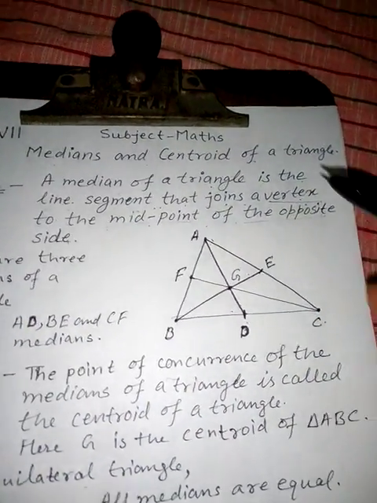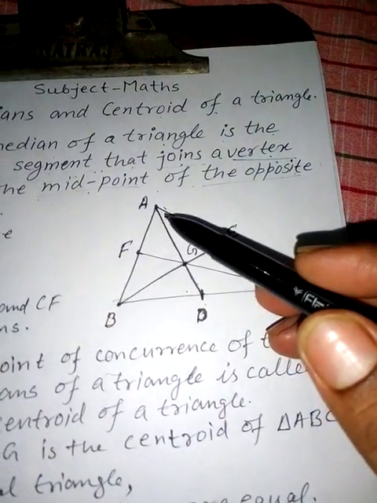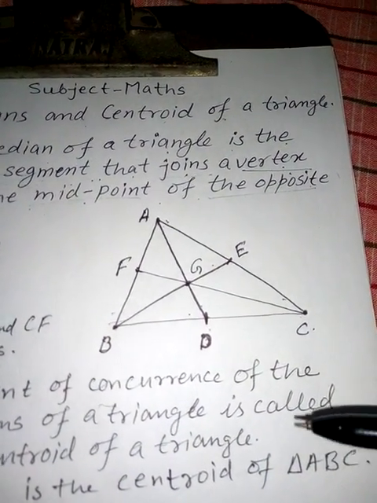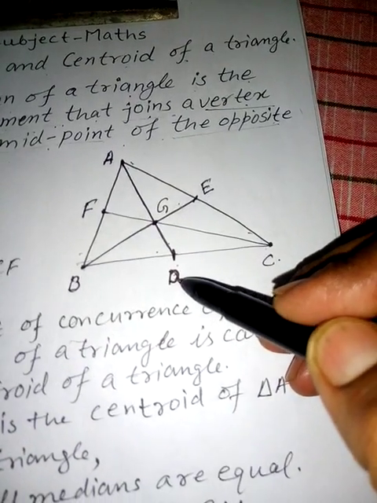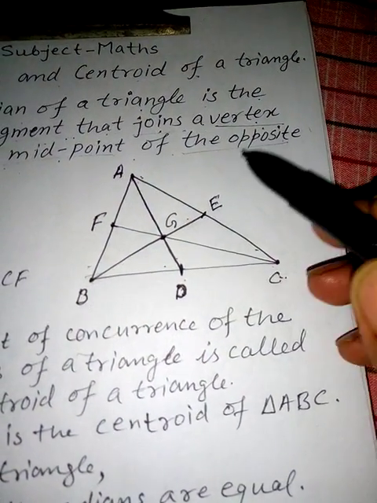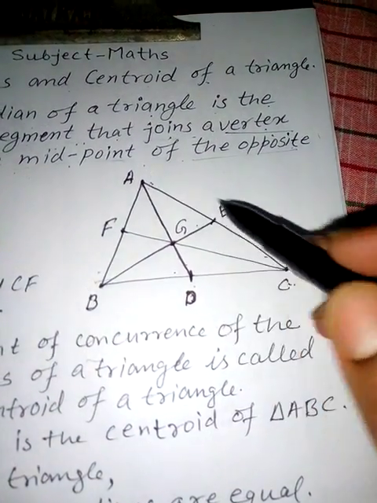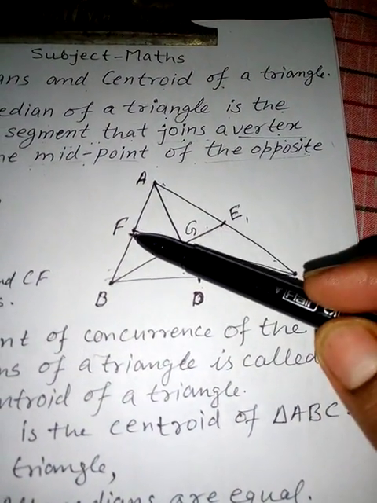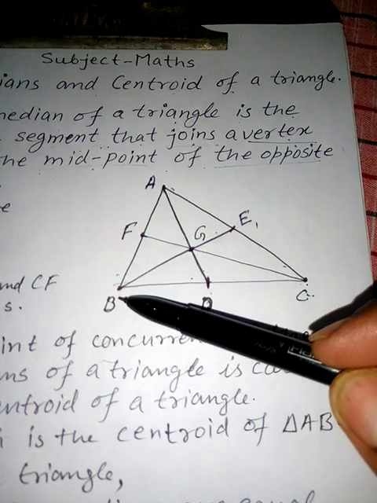Here you can see a triangle ABC, and D is the midpoint of BC, E is the midpoint of AC, and F is the midpoint of AB.